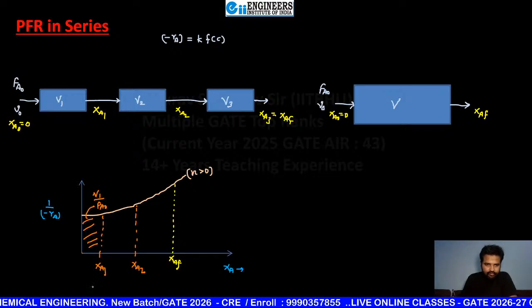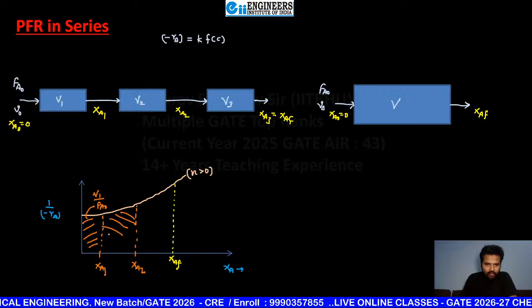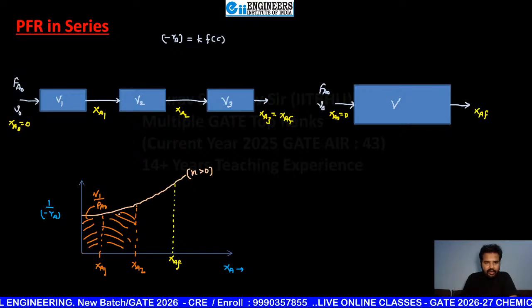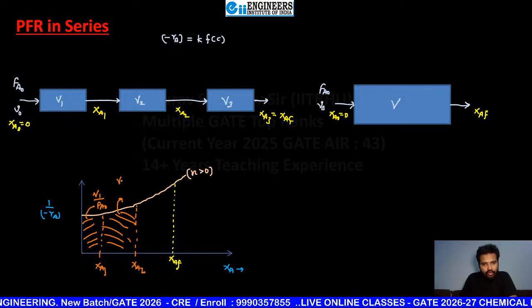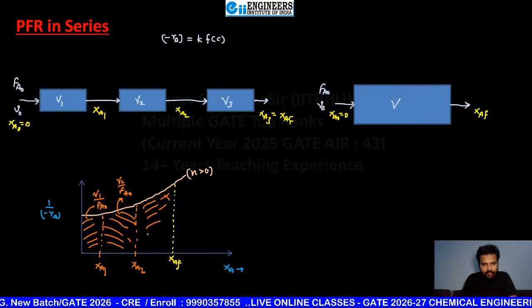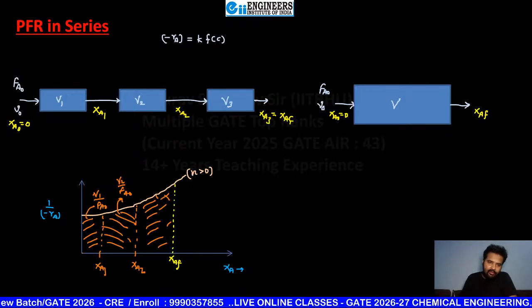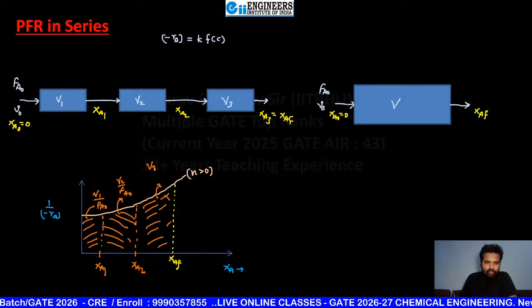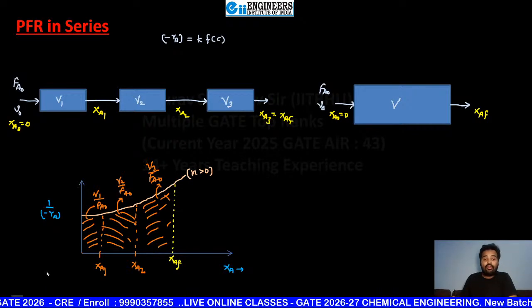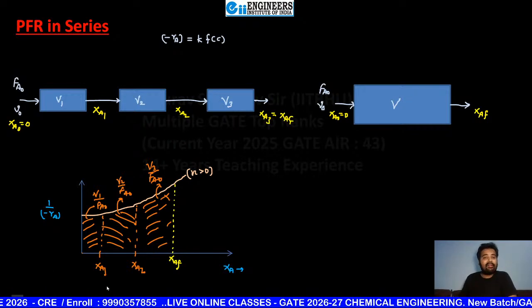Now this area under the curve will show you V2 by FA0. Similarly, my dear students, this area under the curve will give you the value of V3 by FA0. Now, suppose we are not going to use 3 PFRs in series.